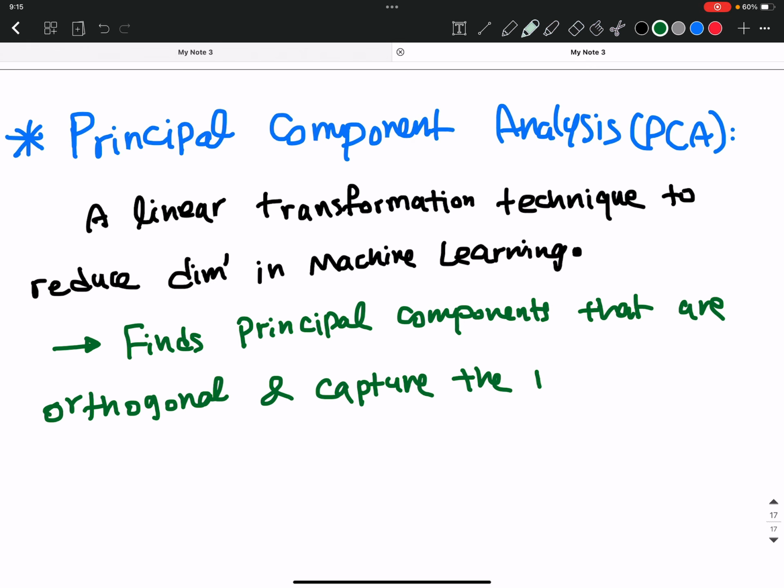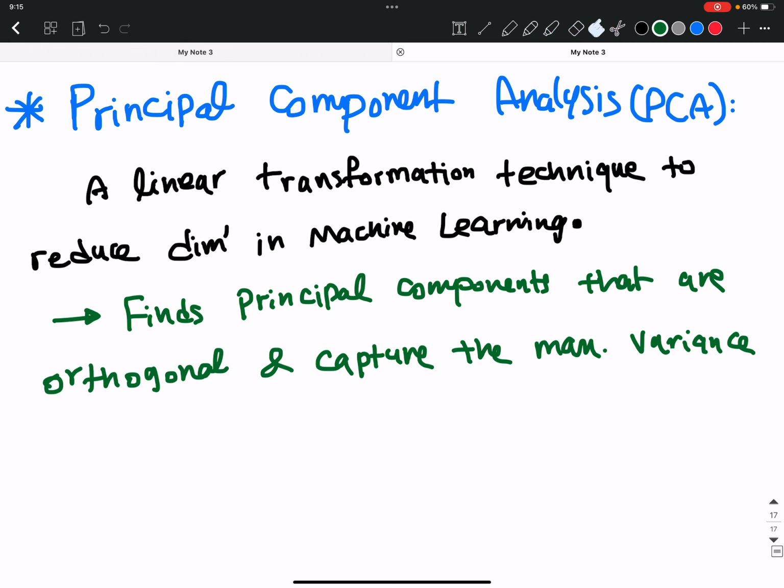What does that mean? It means you find the principal components that are both orthogonal and capture the maximum variance of the data. You want to reduce the dimension, but also you want to capture the maximum variance that we can represent with these reduced dimensions.